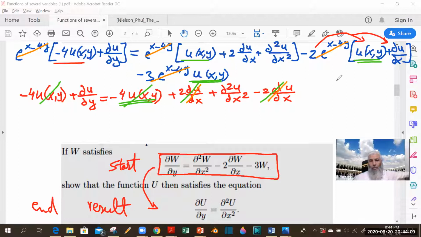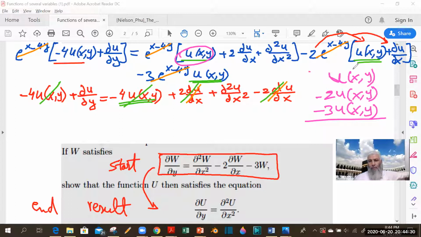No, this is u of x, y, right? This one, okay? And this 2 multiply this u, 2u, this is minus of xy. And this is minus 3u of xy, right? What is the result of this? Yes, I understood. I just was thinking, where is our uxy in this equation? I didn't understand at first that you use it with a -4. That's why I'm asking. Right now I understood.